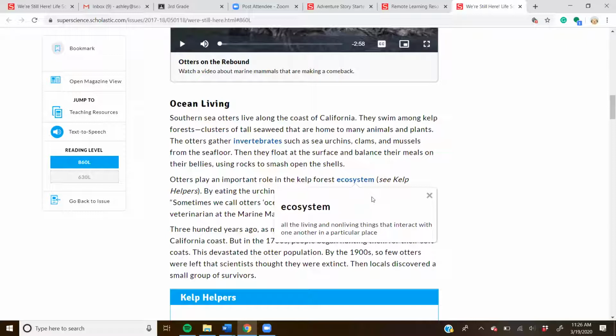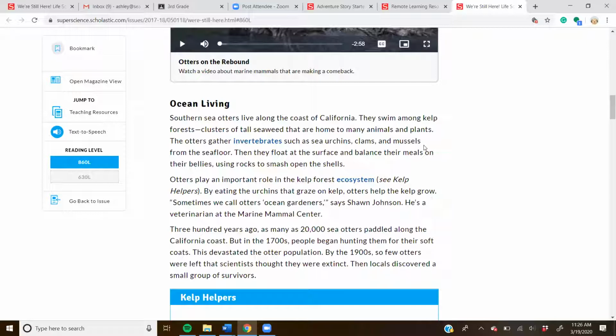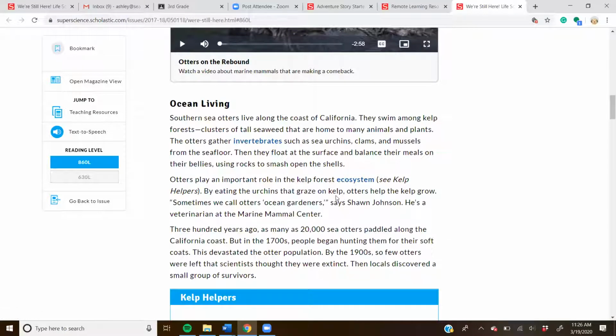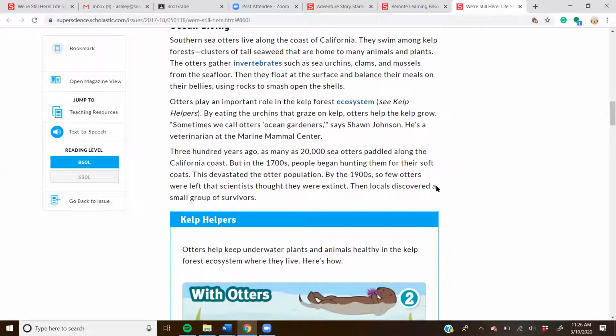But some living creatures cannot go in there because it's either too hot, too cold, too wet, or too dry. Exactly. Like otters can't live in the desert. That is such a good example. Henry, your definition of an ecosystem was better than the one in the article. That was a perfect definition. Thank you for sharing that.